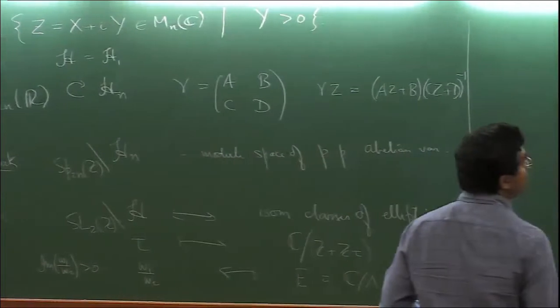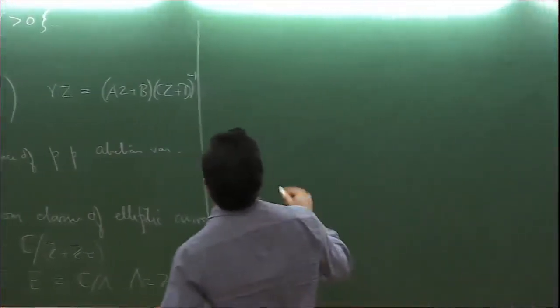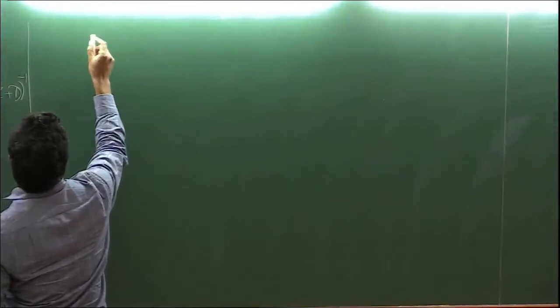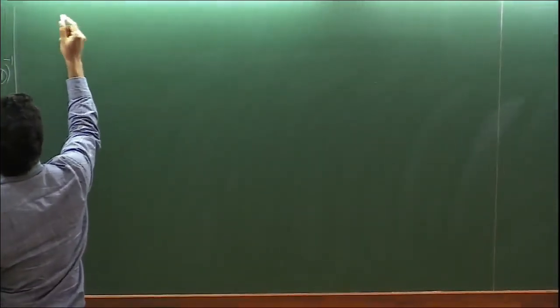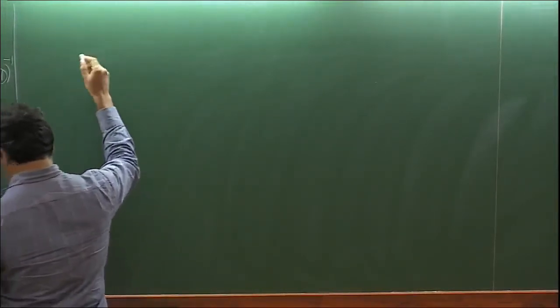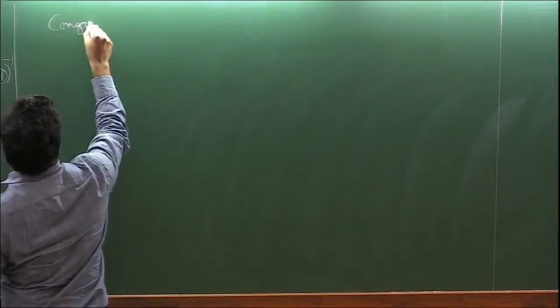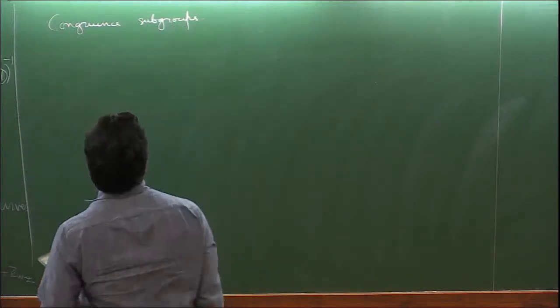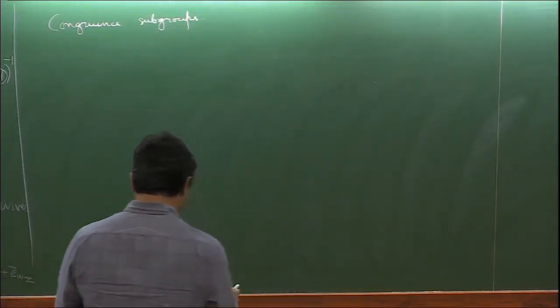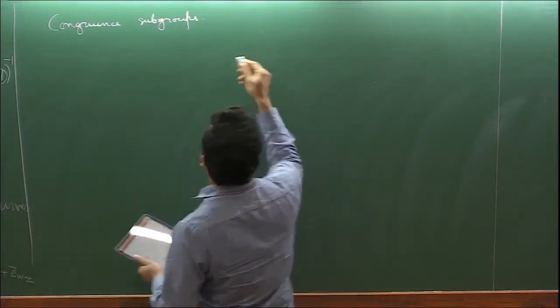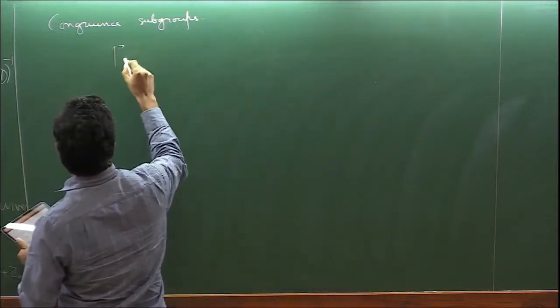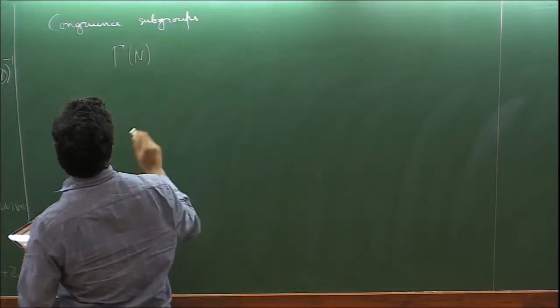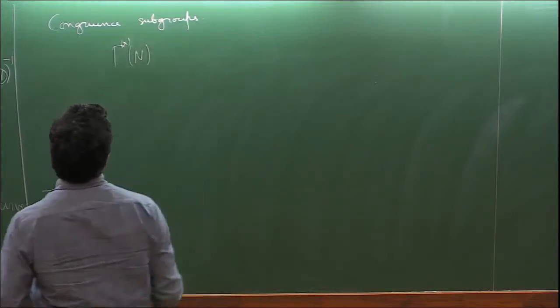Okay, so at this point, I guess I should define what congruence subgroups are. So Gamma_n, maybe I should put a subscript n here.